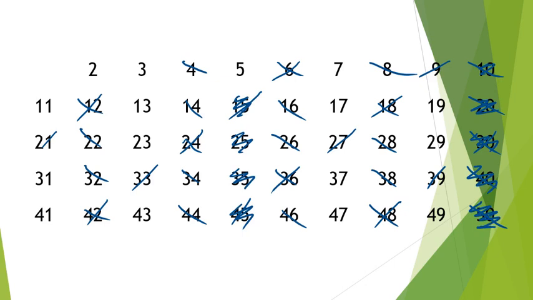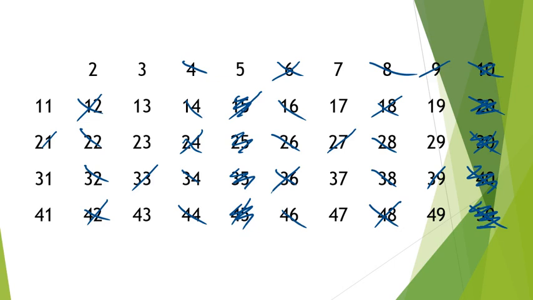Those are all the multiples of 5 that are obviously not primes. So we are going to cross those out. Move to the next number up. That is obviously 7. That's obviously a prime.